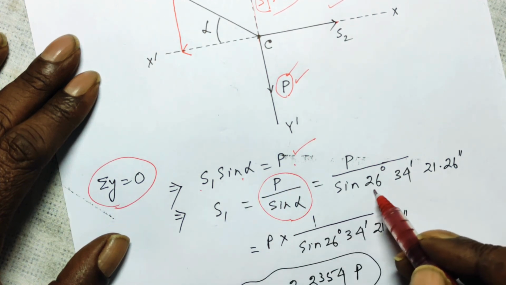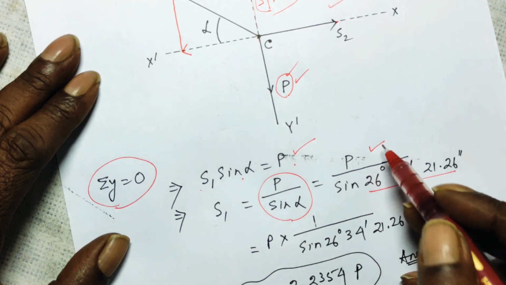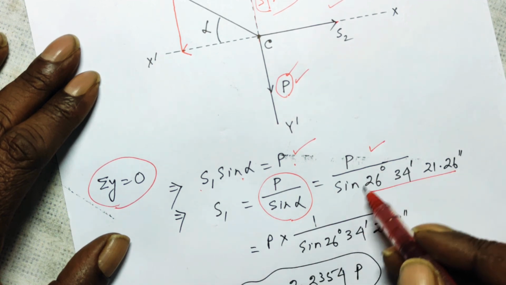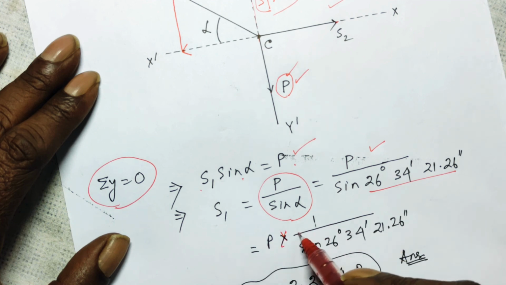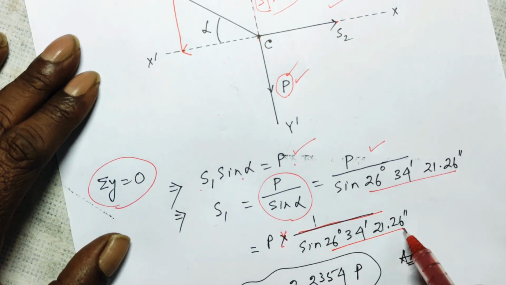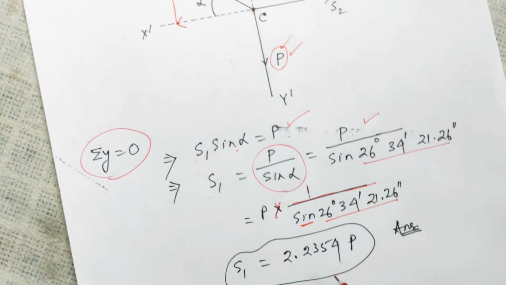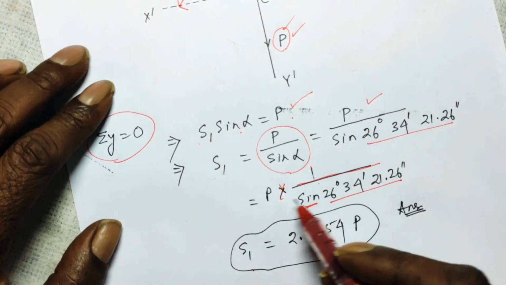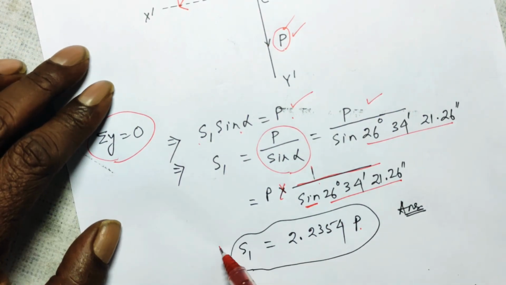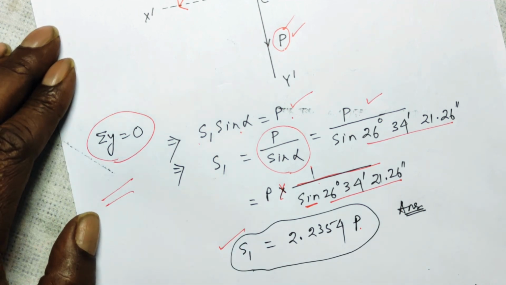Alpha was just calculated. I have put the value of alpha. So this can be written as P times 1 over this. When you put these values in a scientific calculator and take the sine of it, and 1 over that, it comes out to be 2.2354 multiplied by P. So this is your S1, your first answer.